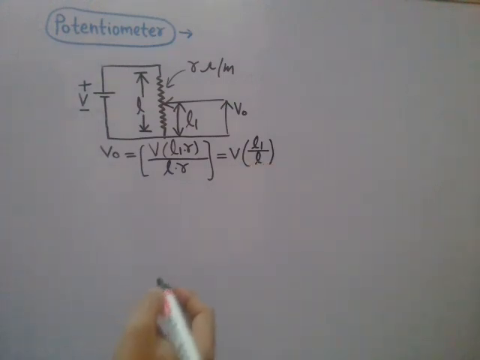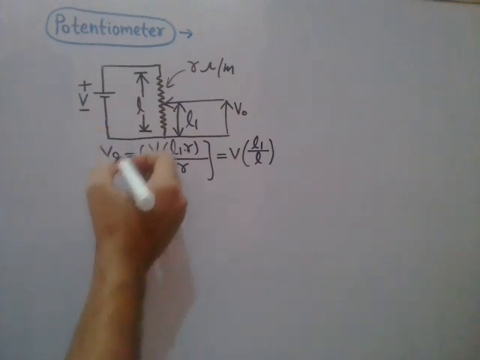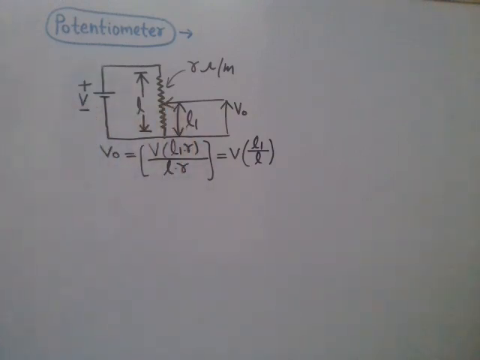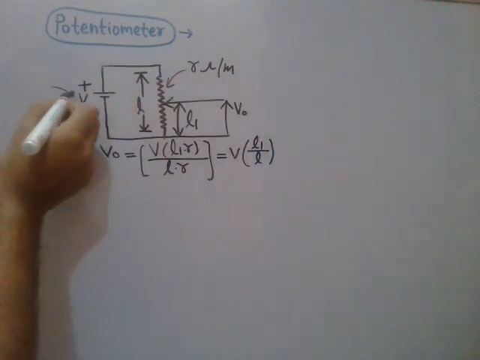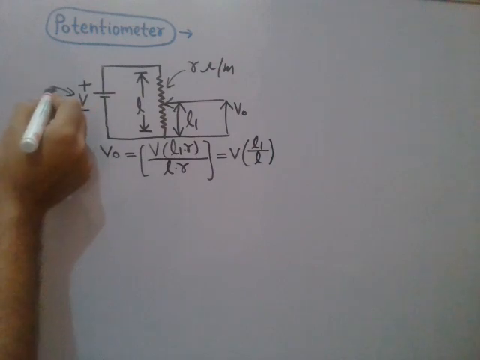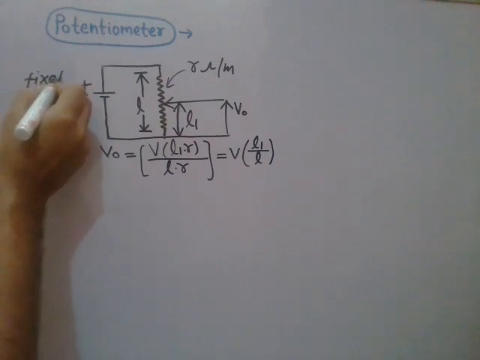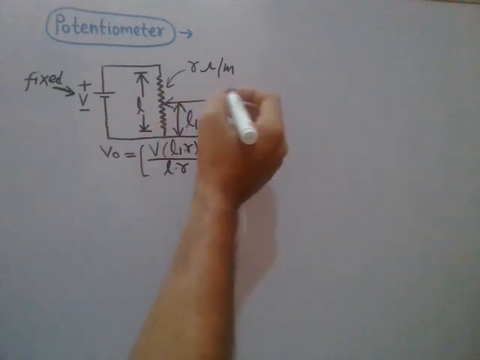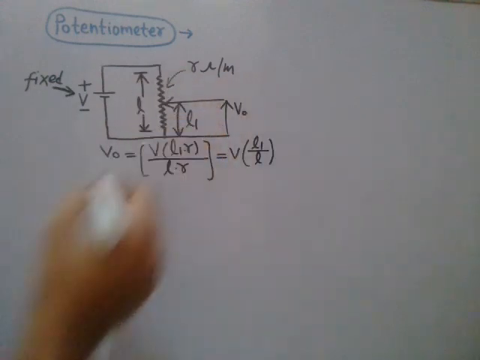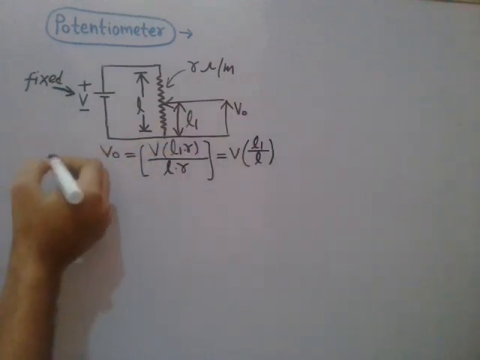Here the applied voltage V is fixed. It's a fixed DC voltage that you have applied. And the total length small l of this wire is also fixed.